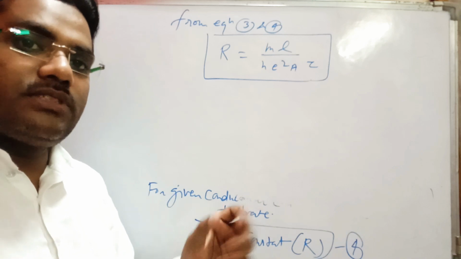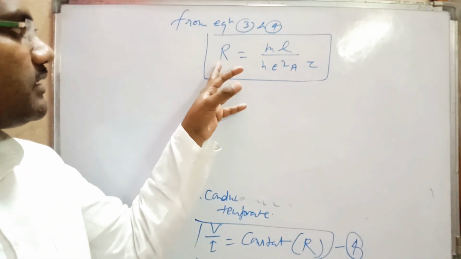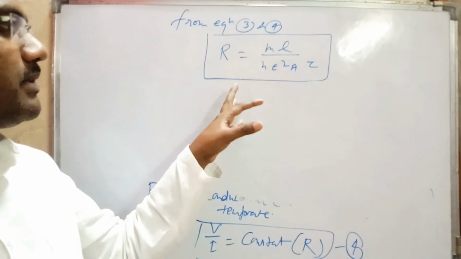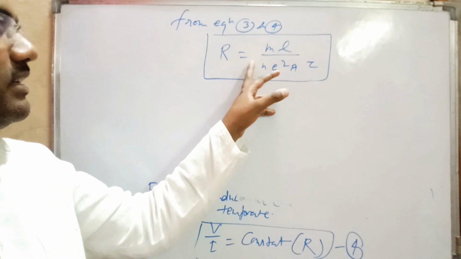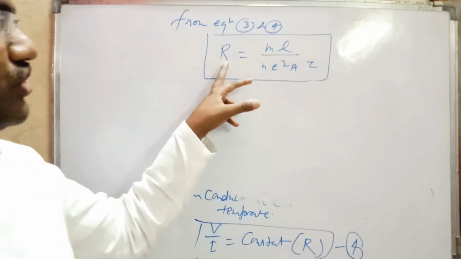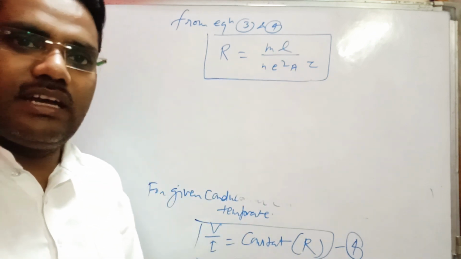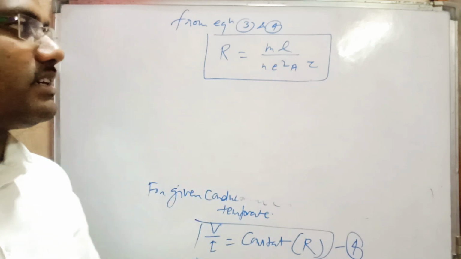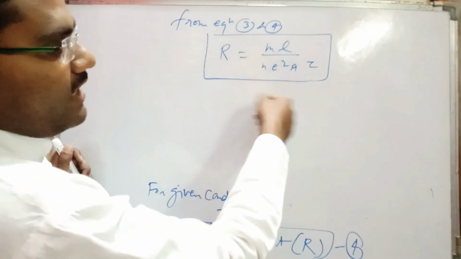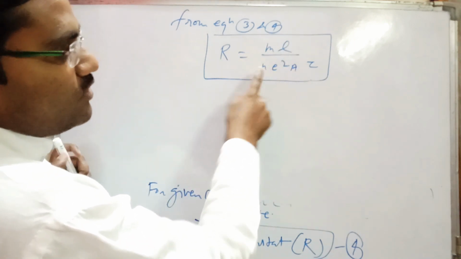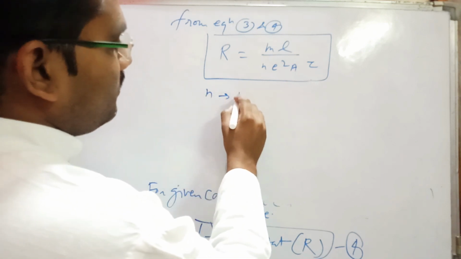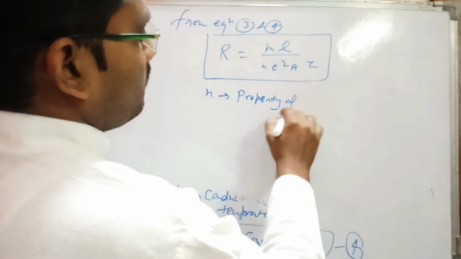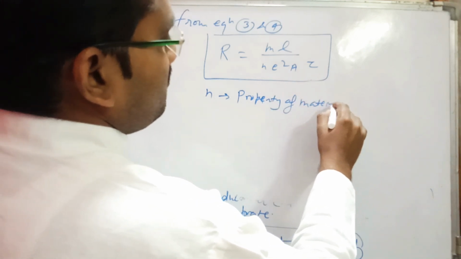In the previous lecture we defined resistance of conductor, and there is a statement given: resistance of conductor depends on material of conductor, depends on temperature of conductor, depends on dimension of conductor. So now here all three factors appear. Material, that means small n. Small n is a property of material.